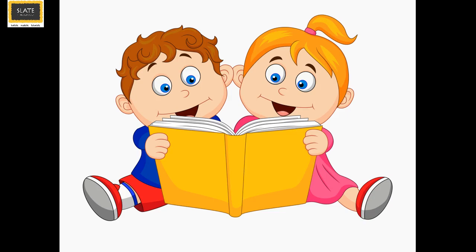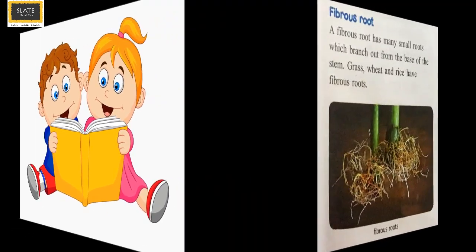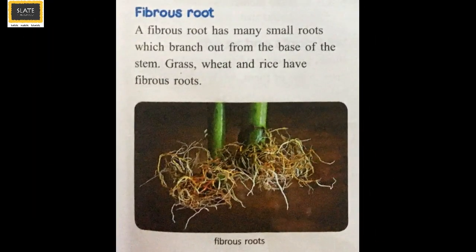Now let's read about the fibrous roots from the textbook. Fibrous root. A fibrous root has many small roots which branch out from the base of the stem. Grass, wheat and rice have fibrous roots.